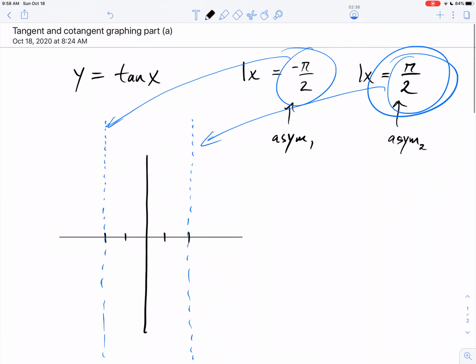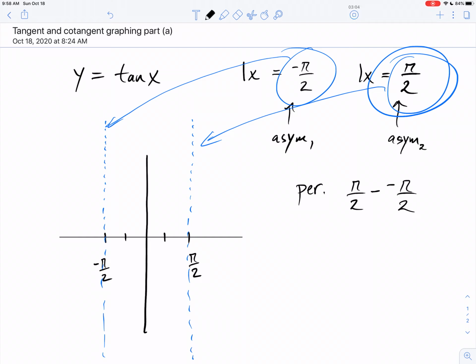I am going to mark my first asymptote, negative pi halves, down here. Here's my other one, pi halves. Now, the period for tangent is different than all the other guys. When you want to know the period for tangent, you take the bigger asymptote, in this case pi over 2, minus the tinier asymptote.